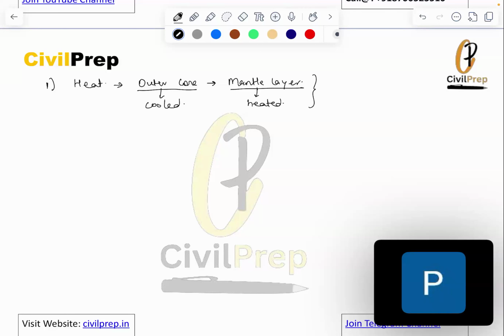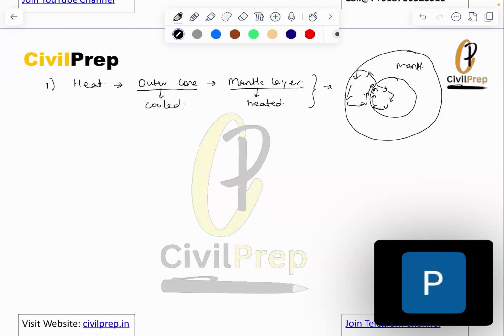So this is one of the parts because of which a convection current motion is taking place between the outer core and the mantle layer. There is the origin of convection current taking place. This is the first part. This is the mantle layer and this is the outer core layer.